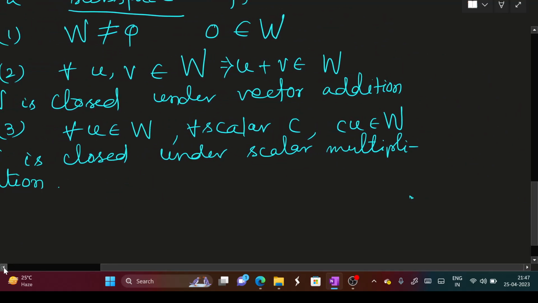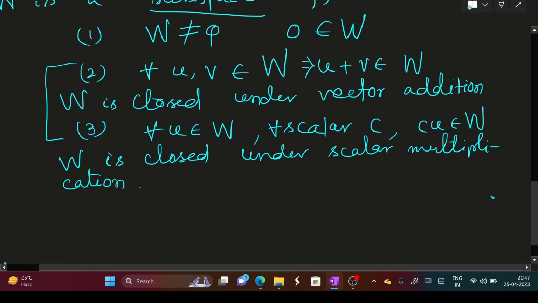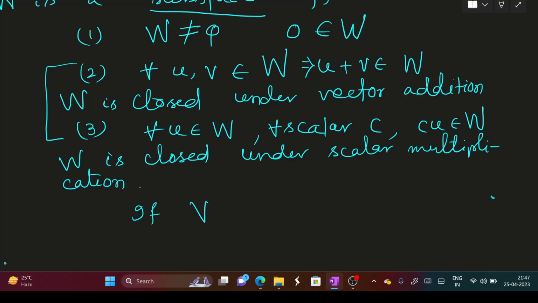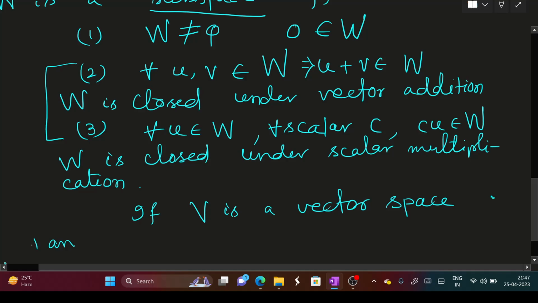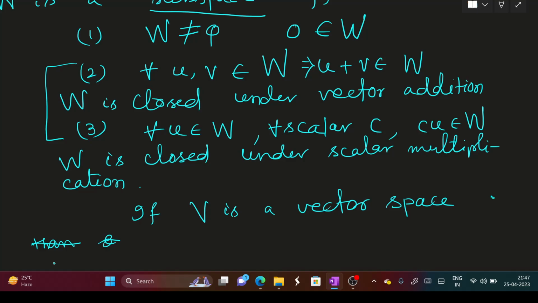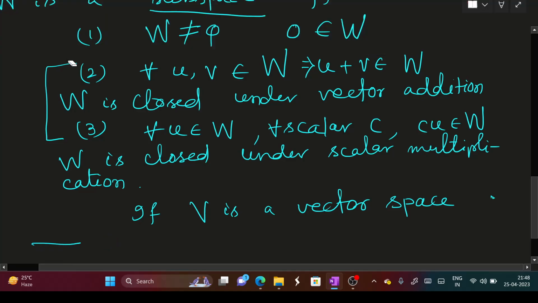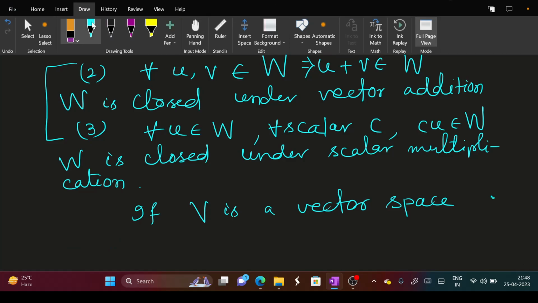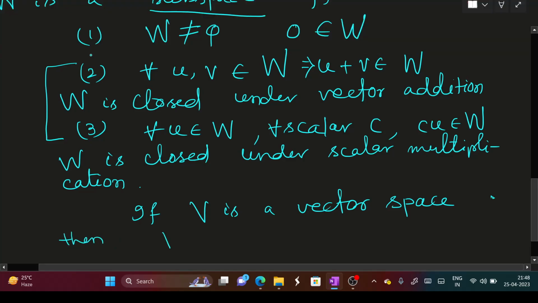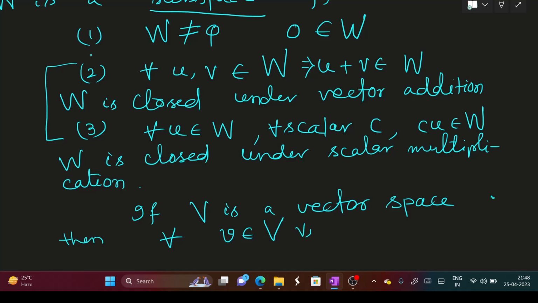Next is dependency. What is a vector? If V is a vector space, then for all v belonging to V, v is a vector.